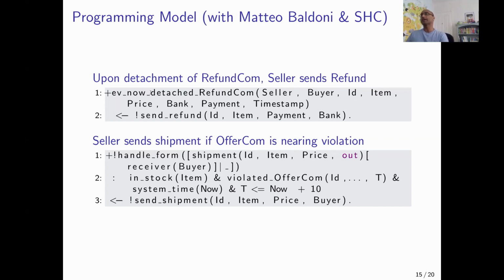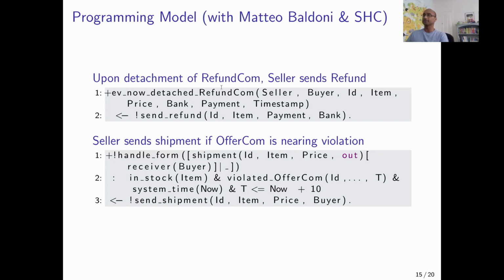And the programmer can write pieces of business logic like this, that whenever the refund com commitment is detached, meaning that there was no shipment and therefore it's been violated, then the seller will send the refund. So you're a programmer implementing a seller agent, and this is your business logic.